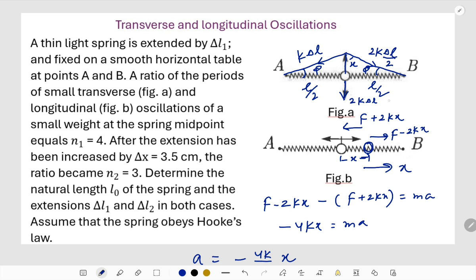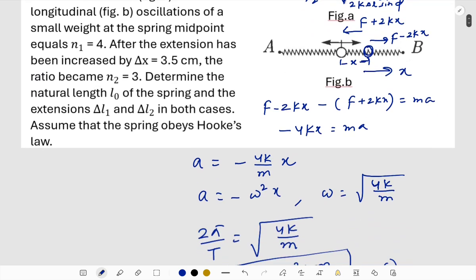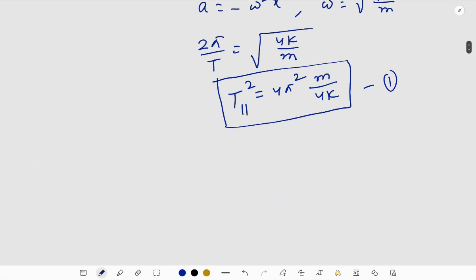This is cos of 90 minus phi, so this will be 2k delta L sine phi in this direction, so that I can write the equation. The force is 2k delta L sine phi.